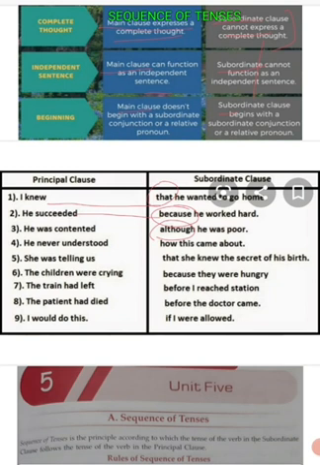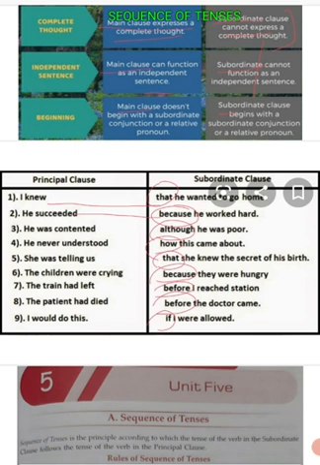He never understood how this came about. She was telling us that she knew the secret of his birth. The children were crying because they were hungry. The train had left before I reached the station. The patient had died before the doctor came. I would do this if I were allowed. So in these subordinate clauses, you can see I have circled some of the words.